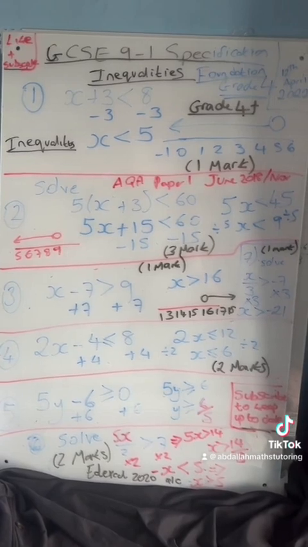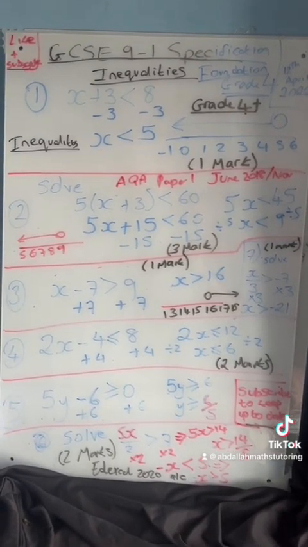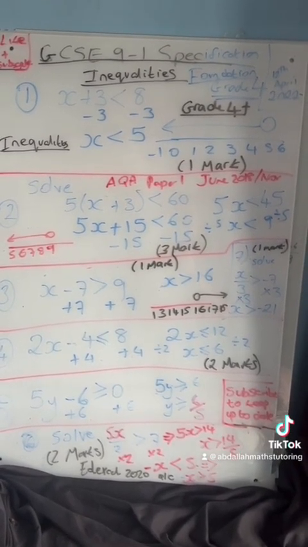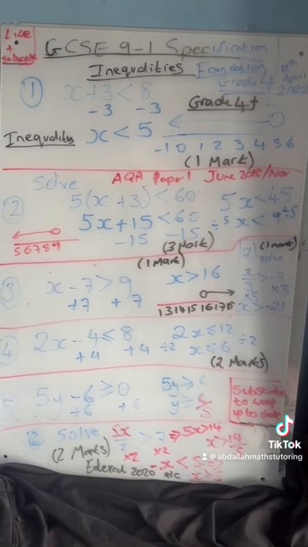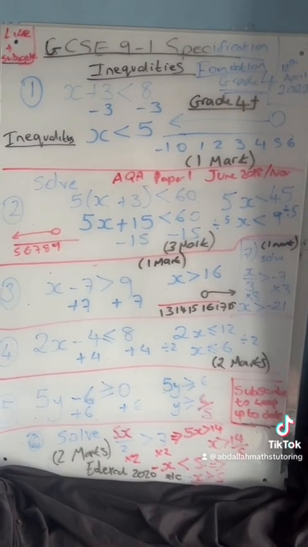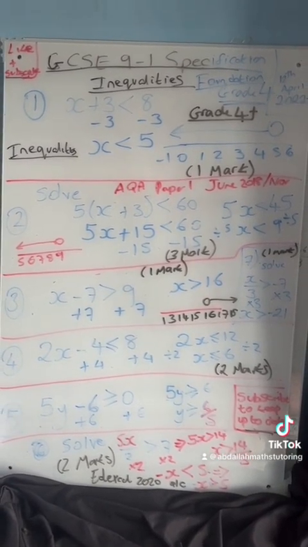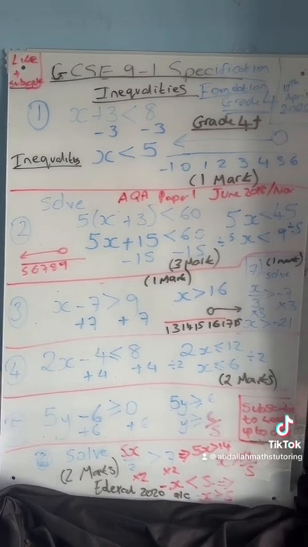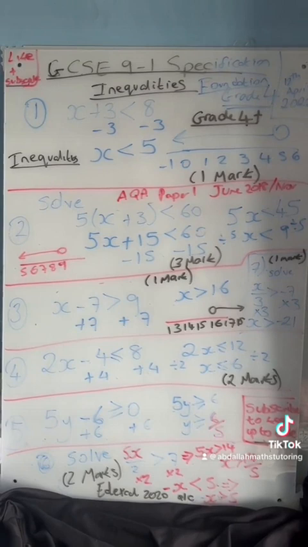Question number 2, guys. This one's from a previous exam paper. It was from an AQA higher tier paper from the June 2018 year or the November 2018 series, or if I am mistaken, then it's from the June 2019 series. Expanding this bracket, I get 5x plus 5 times positive 3 is positive 15.